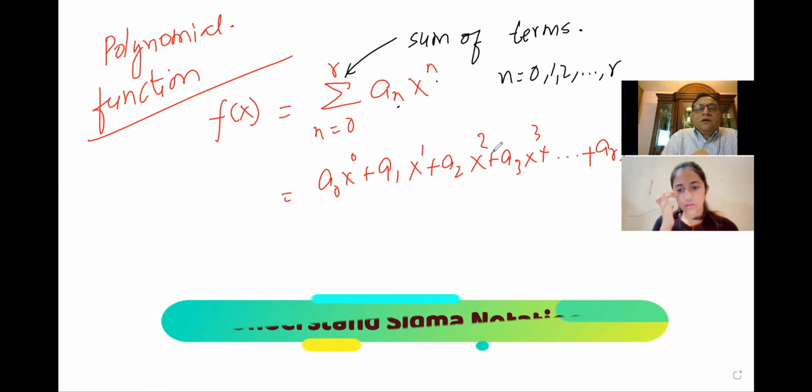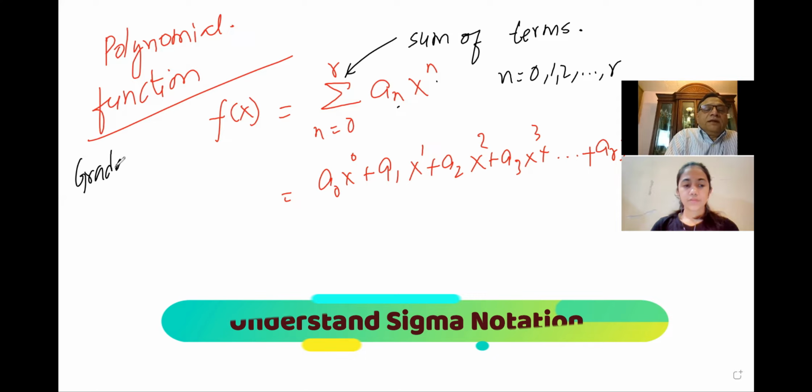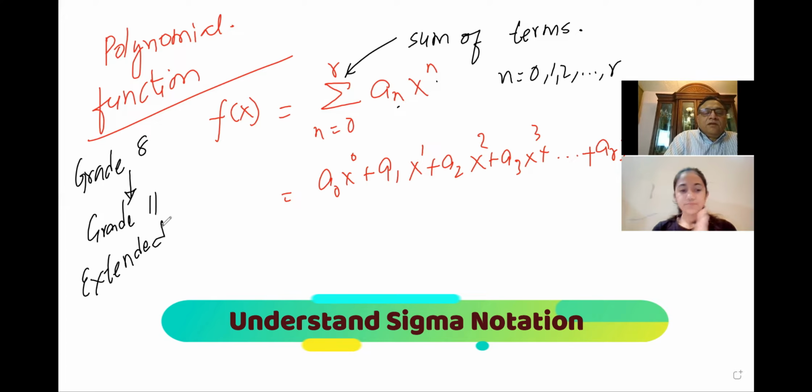Now, this is what you have to learn in grade 8 also. I know you are in grade 8, but I'm preparing you for grade 11. So this is extended. We learn this once again in grade 11, but I want to teach you now to get the idea. So you have also learned what is sigma, right?